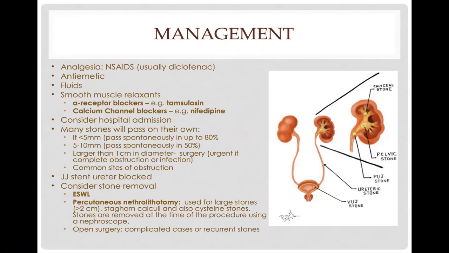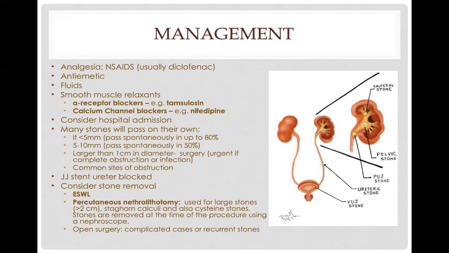So if the stone's less than 5 millimeters, it usually passes spontaneously in up to 80%. If it's 5 to 10 millimeters, then it will pass spontaneously in about 50%. And if it's larger than 1 centimeter, then usually these are the patients that will go to surgery. And they'll go to surgery more urgently if it's a complete obstruction or if there's any signs of infection.